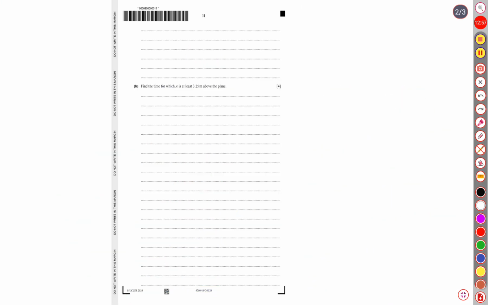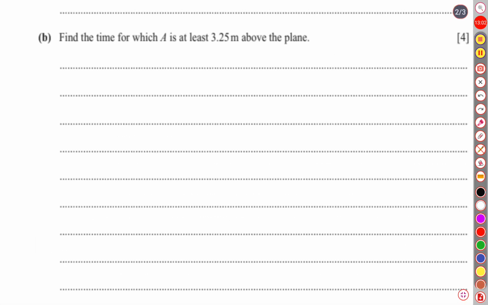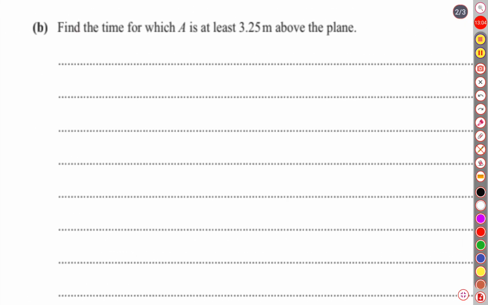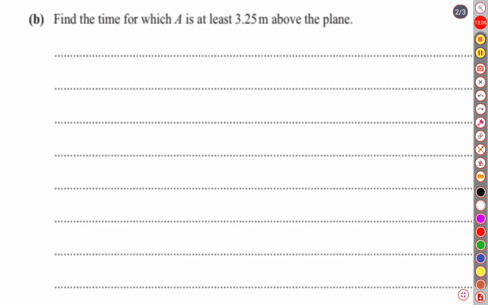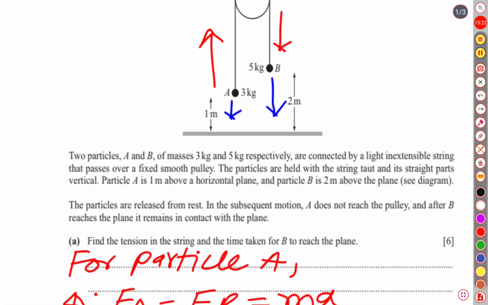The next part says, find the time for which A is at least 3.25 meter above the plane. Let us go back to the question. This is the diagram. If we analyze the diagram, look at this.